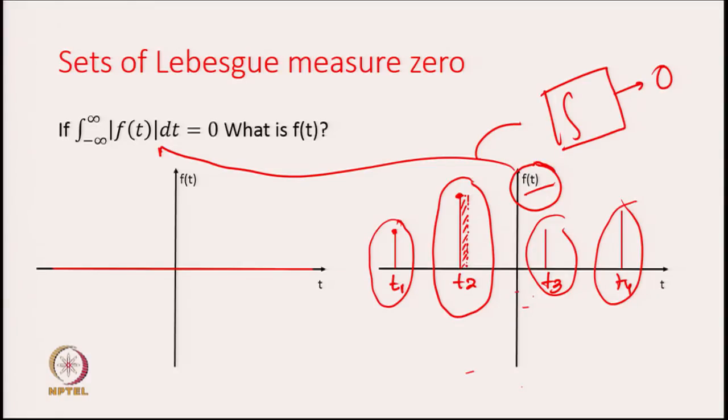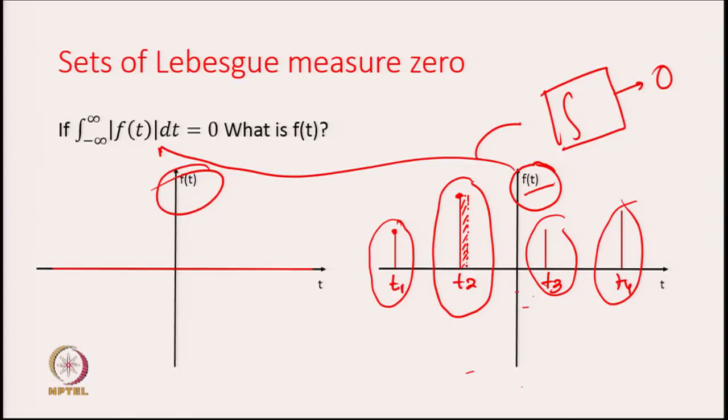Systems are normally built using integrators, multipliers and adders. So, once you pass this function through an integrator, anyway you are going to get 0. Whether you feed this to a system or that to a system, you get the same answer 0, right. So, this is also like an all 0 function.